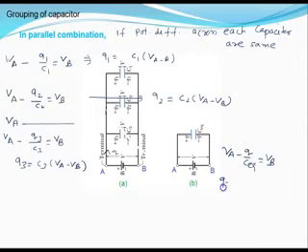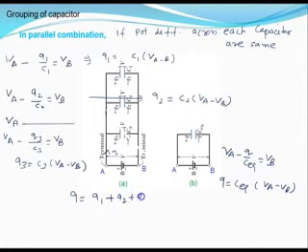So I write Q equal to C equivalent times VA minus VB. Now I can say Q equal to Q1 plus Q2 plus Q3. Put the values of Q1, Q2 and Q3, and what you will get? You will get the result C equivalent equal to C1 plus C2 plus C3.